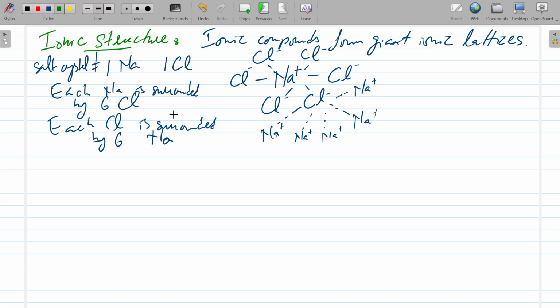Then we move on to properties of ionic compounds. So we know compounds have atoms of different elements coming together to form a new substance.